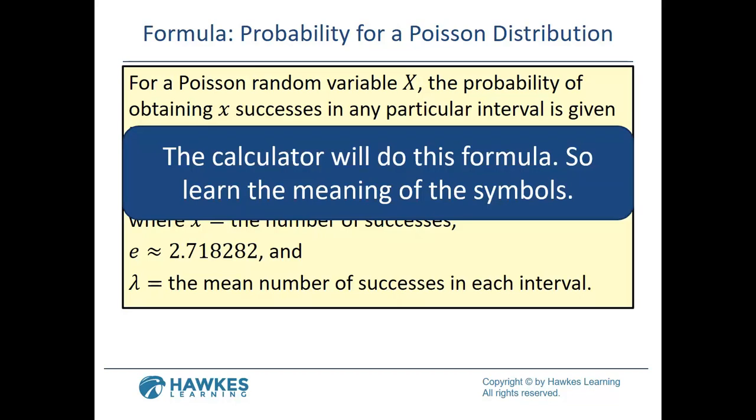The calculator will actually do this formula for you, so it's more about learning the meaning of the symbols. Now, if you did not invest in a TI-83/84 calculator or the Casio FX-9000s, then you're going to need to go the by-hand route, which means learning a lot of formulas, or pick up on how to use the table. Again, I focus more on teaching with the TI-83/84s, so just be aware of that.